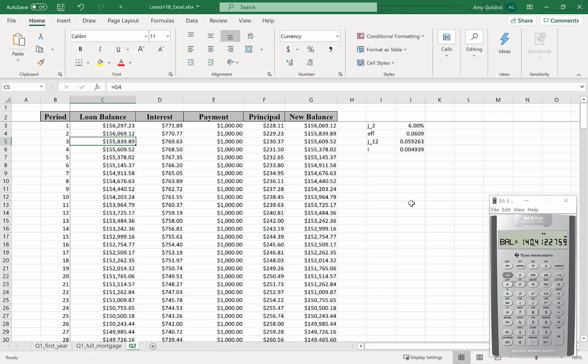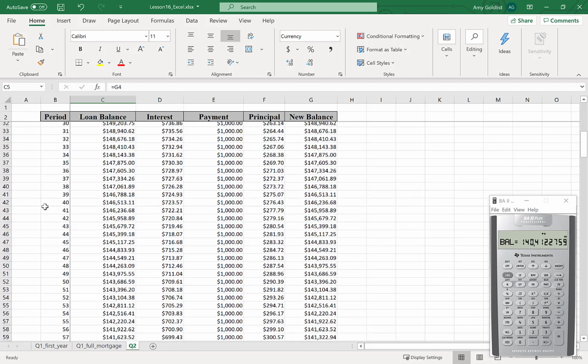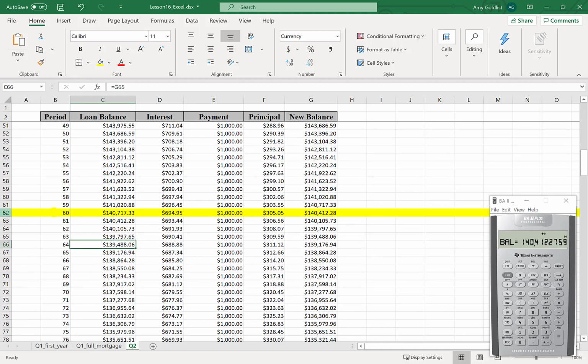This is exactly my amortization schedule, and now I can look up any payment I want. I've used a very interesting thing in Excel where I've frozen the panes. So if you'll notice, I'm just scrolling down, and I'm going to scroll down to month 60. At the end of the 60th month, I have $140,412.28. That's exactly what we got on the calculator, which is helpful.